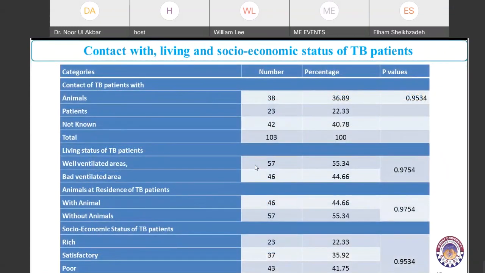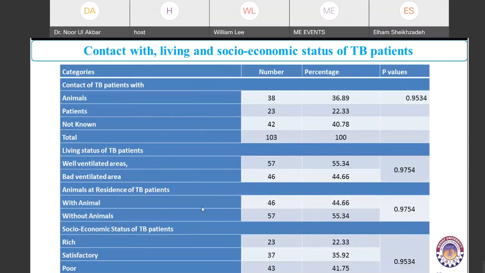The patients were also subjected to collection of some related information in the form of a proforma, regarding animals and patients. Those patients who had contact with animals were 36.89%, and 22.33% had another TB patient in their houses, and 40.78% had no information about animals or patients.